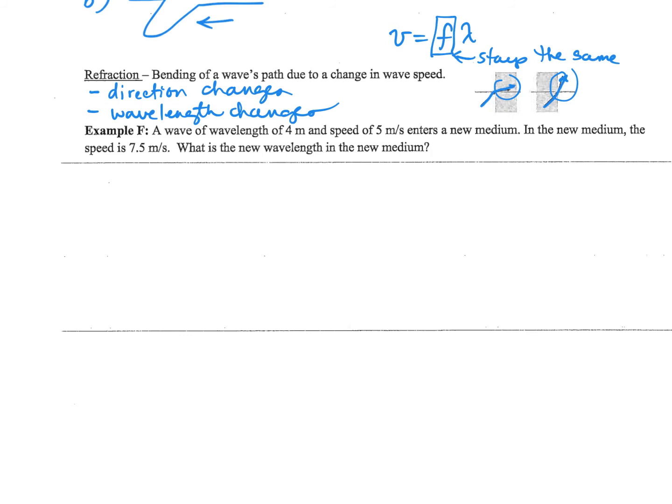Think of a beam of light going through the air and then hitting a piece of glass. It's going to change wavelength. In other words, it's going to look like it's bending because it's changing wavelength. It's changing wavelength because it's also changing speed. It's getting more dense, so it's going to slow down. If it slows down, then the wavelength changes and we see it bend.